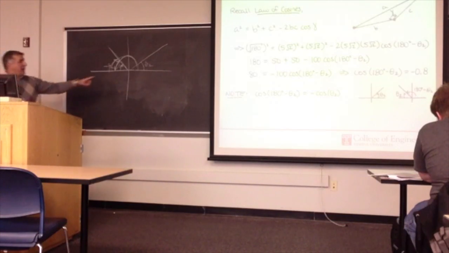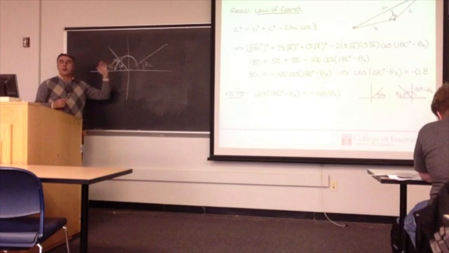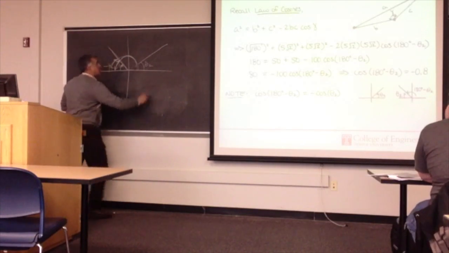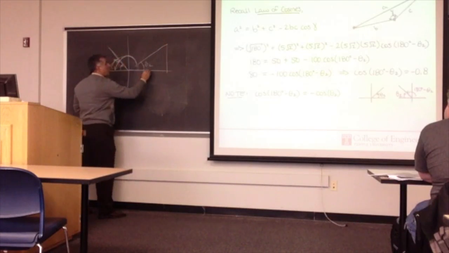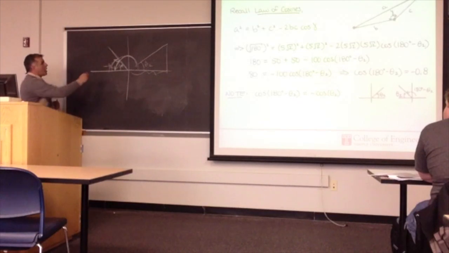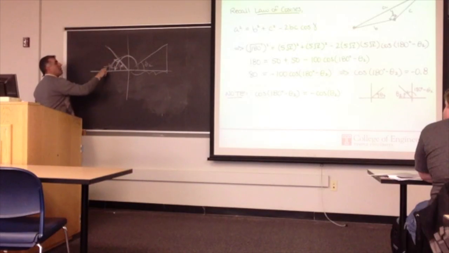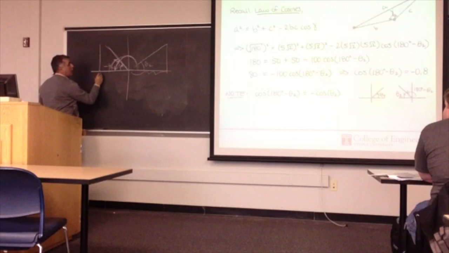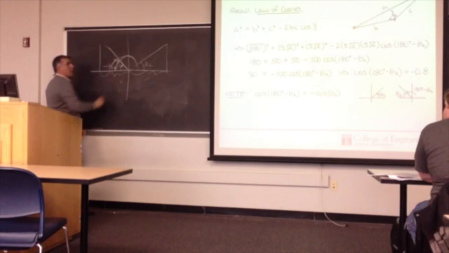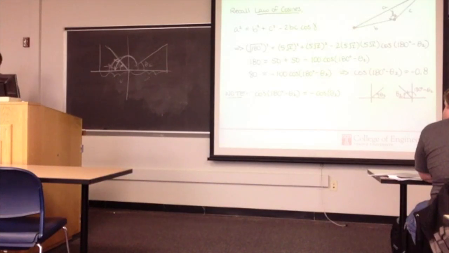Why? Because again, as I just said, you are mirror imaging it. So if the cos of theta 2 was this, the cos of 180 minus theta 2 is this. So they are identical, but in the opposite sign.